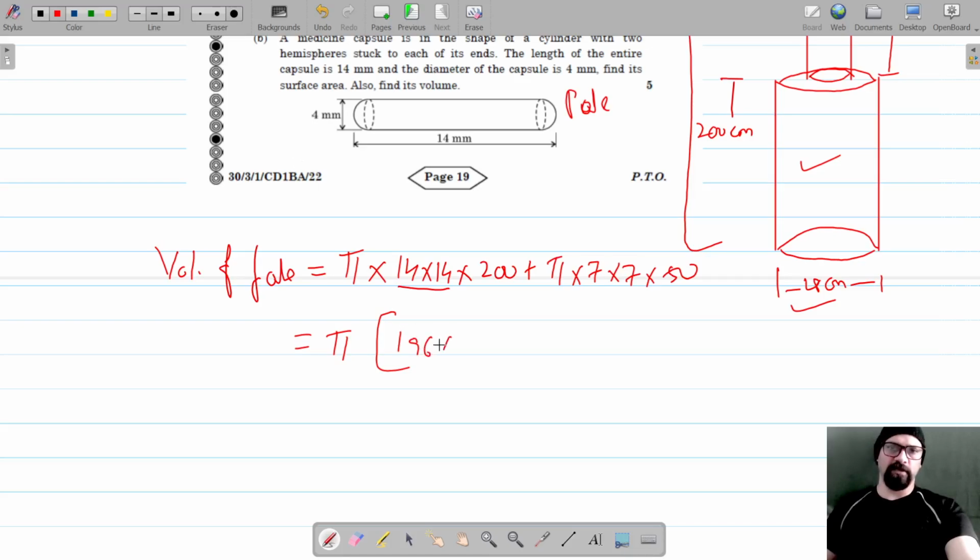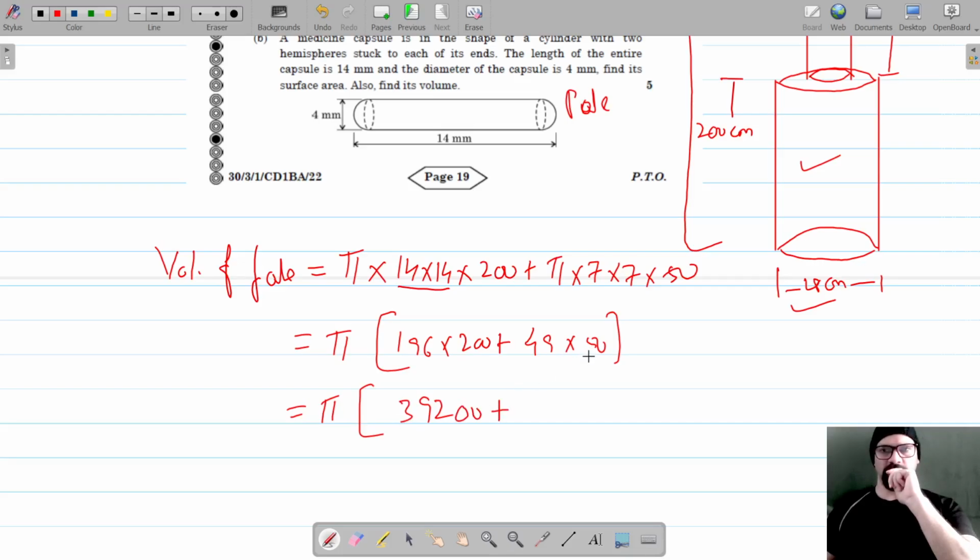So this is 196 into 200 plus 7 square, which is 49, into 50. So 196 into 2 is 392, giving 39,200, and 49 into 50 is 2,450.